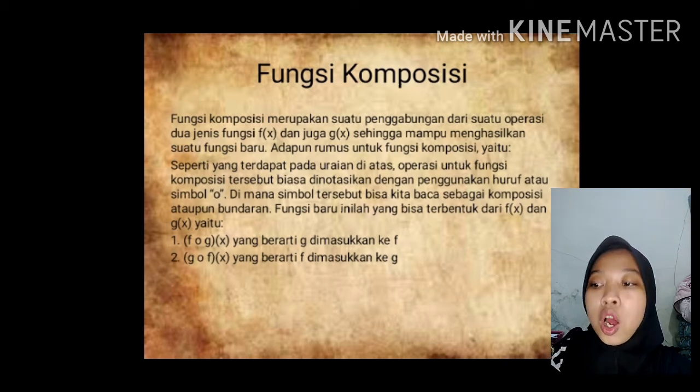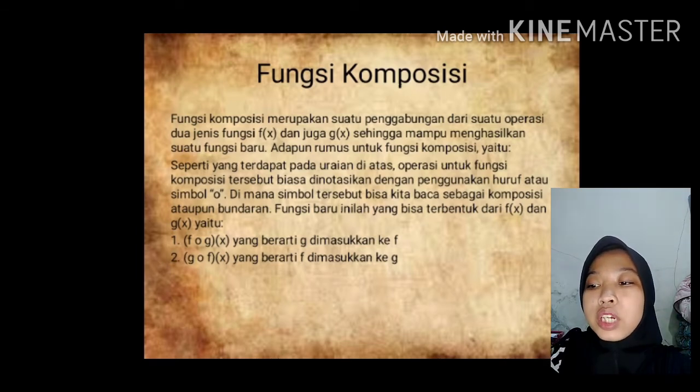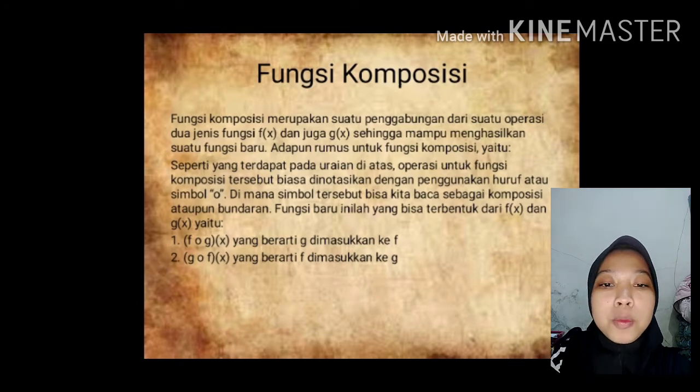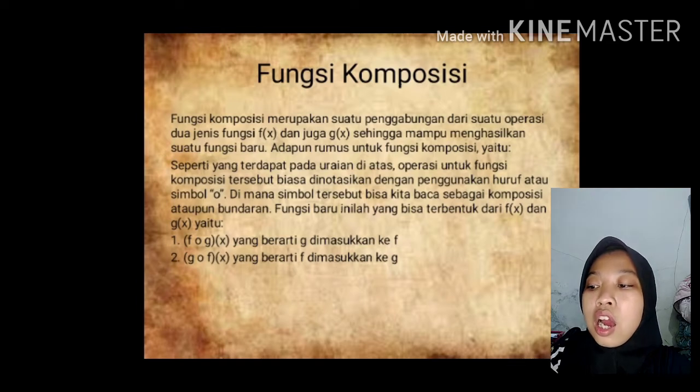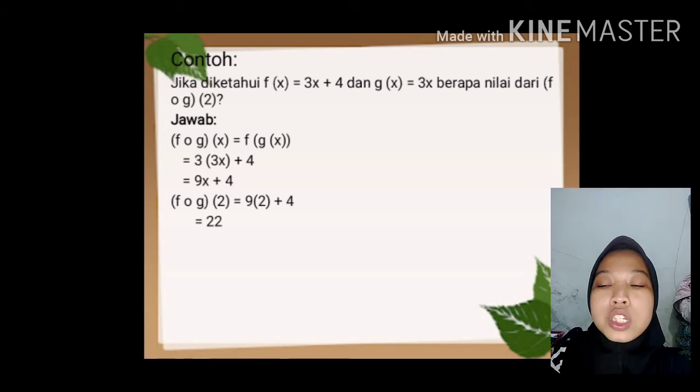The operation is usually denoted by the symbol o, which we read as composition. It can be formed from f(x) and g(x), namely, first, f composition g, which means g is entered into f. Second, g composition f, which means f is entered into g.